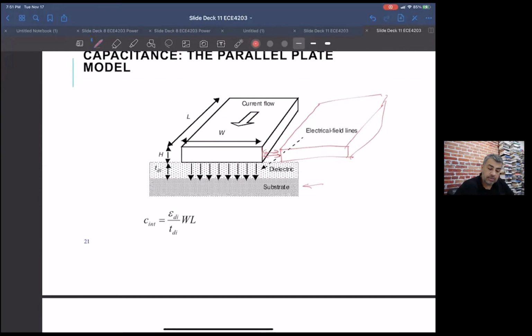And the other thing it's missing is that in our processes now, these tend to look like this, very tall. So the part of the plates facing each other is thick. And also this plate has fringe capacitance to the ground. So these end up being probably more important than the parallel plate, or just as important.